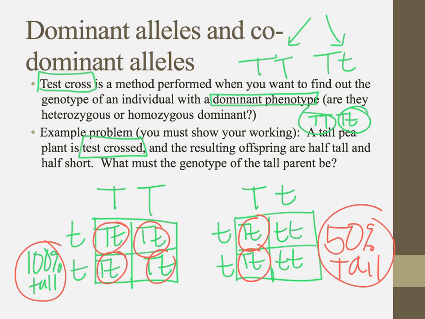So what does that mean? Well, I have to go back into my problem here. It says the resulting offspring are half tall and half short. What must the genotype be? Well, this is the only scenario that matches that information. So the genotype must be heterozygous. It had to have been that heterozygous plant.